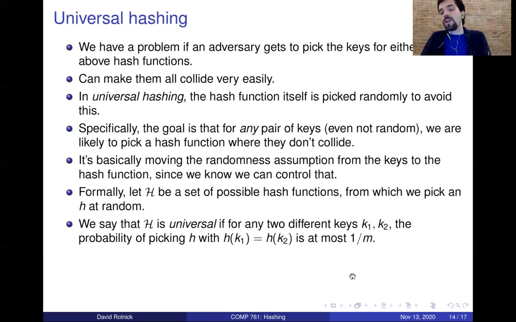Remember, that was what we wanted for simple uniform hashing, 1 over m being the probability that they collide. But now the randomness is not about the keys. The keys could be designed by your adversary to be really bad. But because you're picking a random hash function, there's a low likelihood that they're going to collide, because most of the hash functions will cause them not to collide.